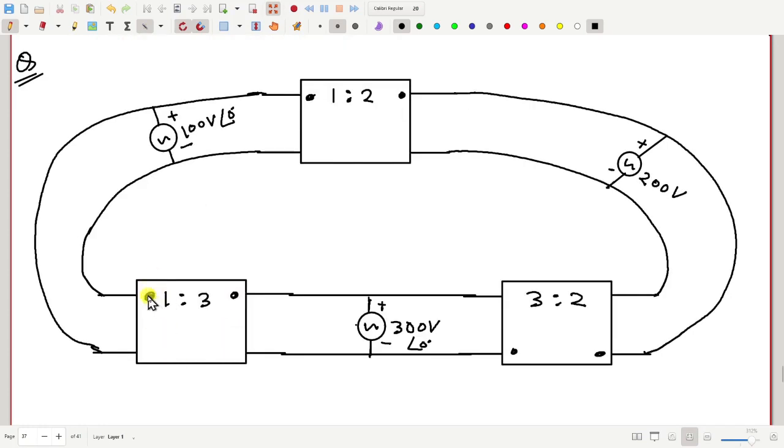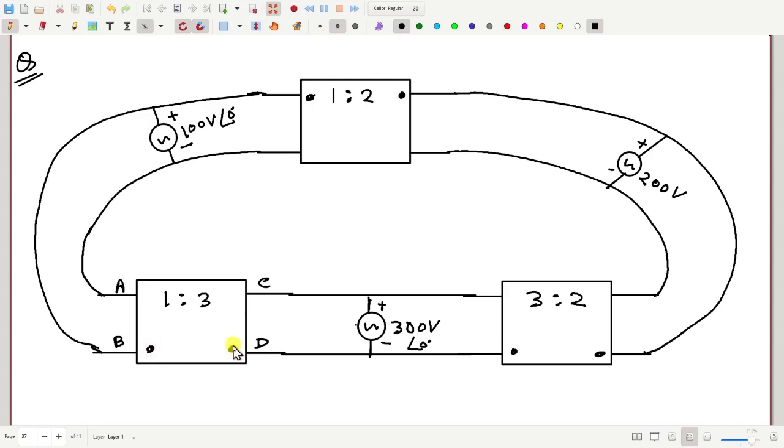When I put these dots here and name them A, B, C, D, it means that voltage polarity wise A is similar to C, and B is similar to D. A similar to C means B is also similar to D. So there is no harm in putting two identical symbols to B and D. I can also now remove these two. The meaning is the same, I can also put the dots here.